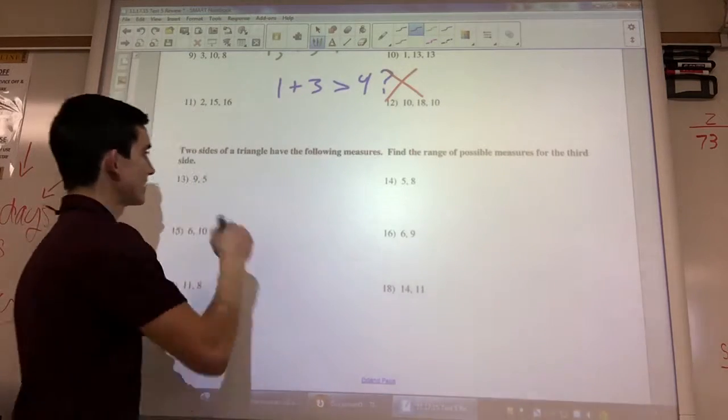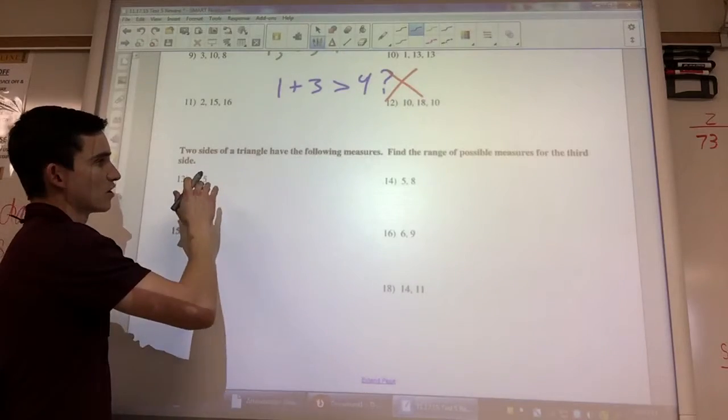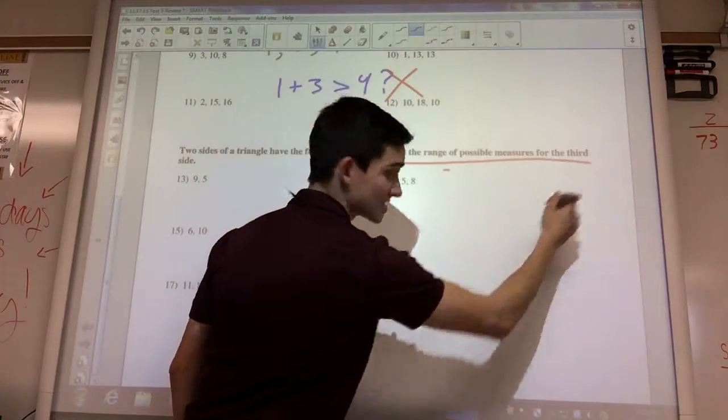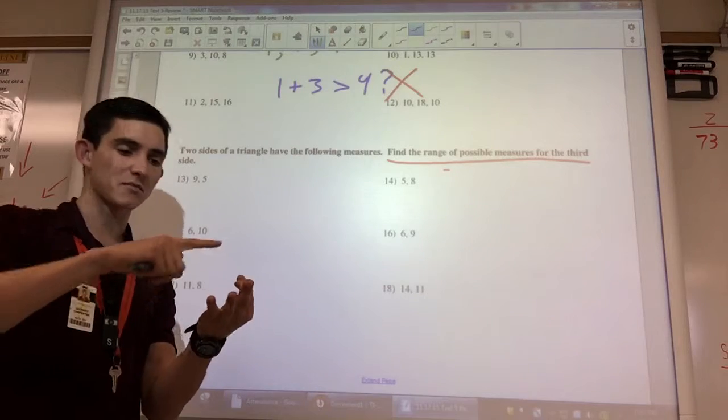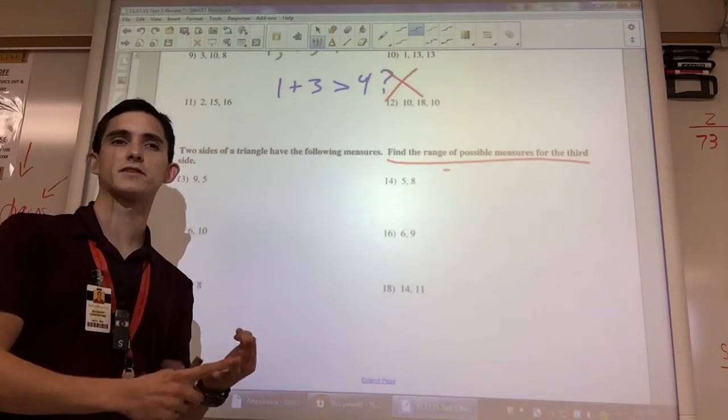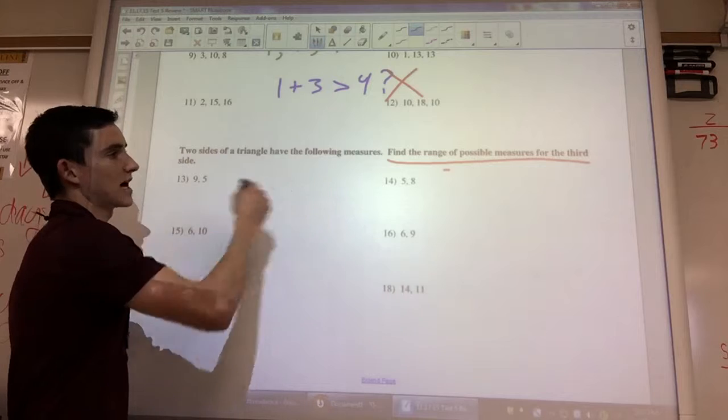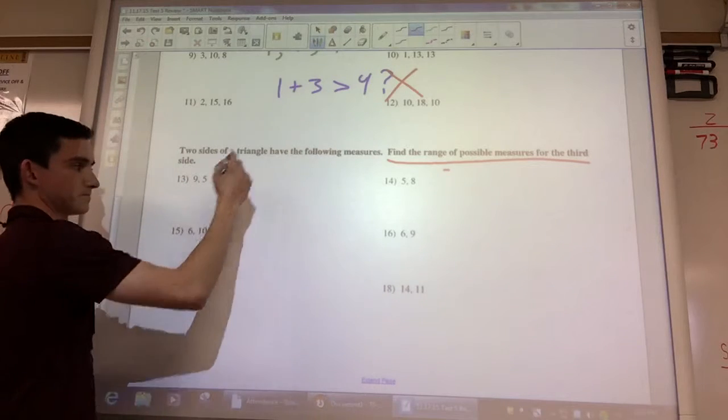All right, last little bit. This is a big concept, by the way. You're probably going to be asked this question in 3 different ways on the test: find the range of possible measures for the third side.